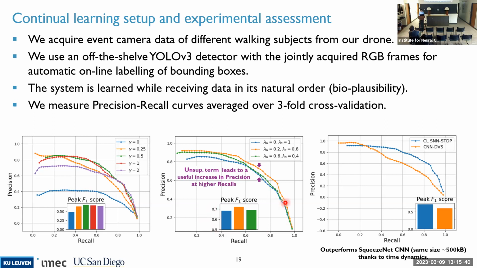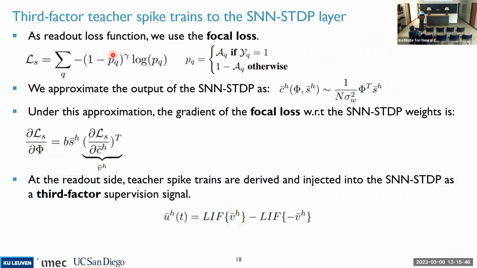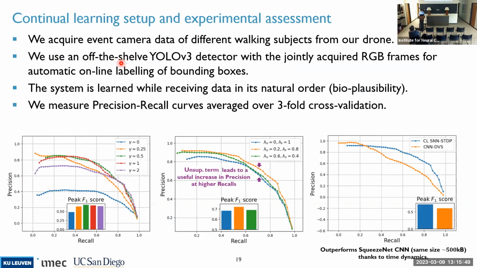And so we assessed multiple things using the cross-validation. First, the impact of gamma. Gamma was the parameter setting the total loss balance. You can see that gamma is very interesting to tune. There is a form of optimum where gamma is 0.5. These are precision recall curves.